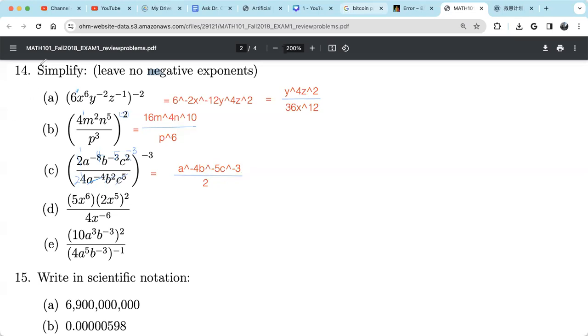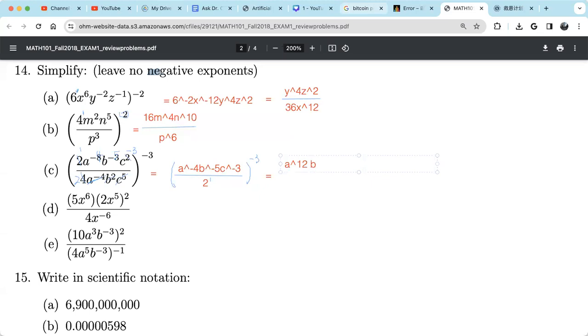Then everything raised by -3. Now we apply -3 to everyone's exponent. Well, 2's exponent is 1. So a raised by -4, -4 times -3, that becomes a raised by 12.